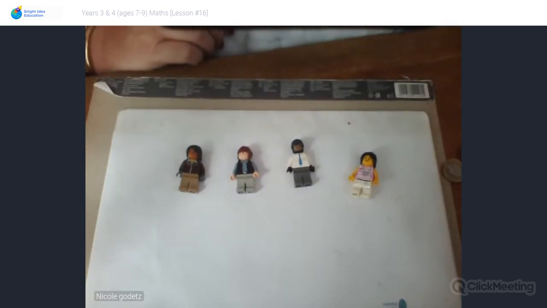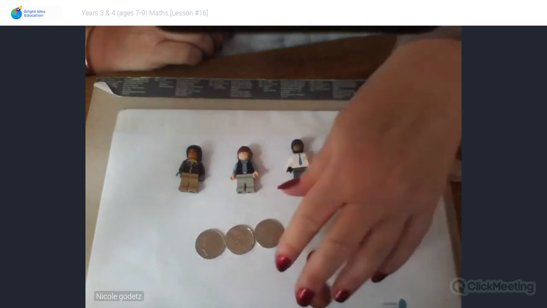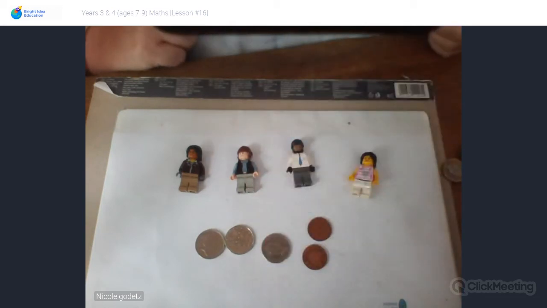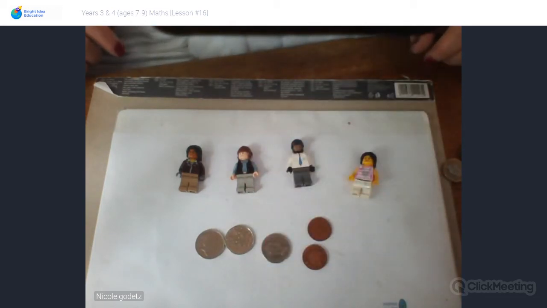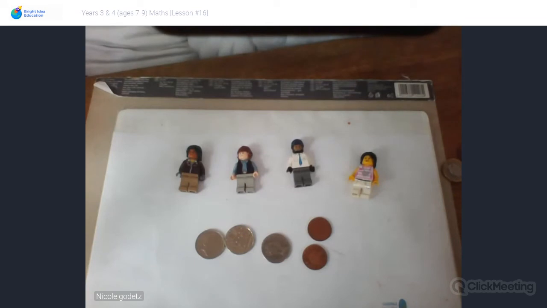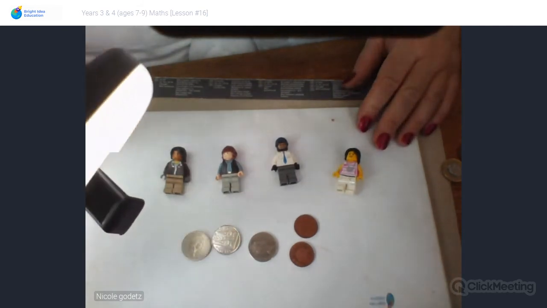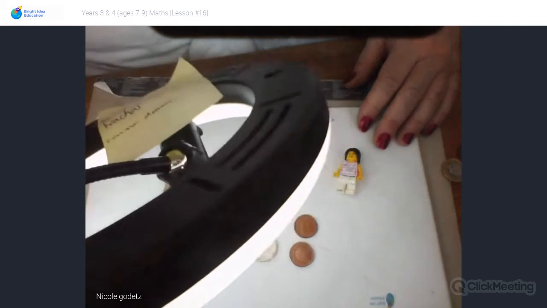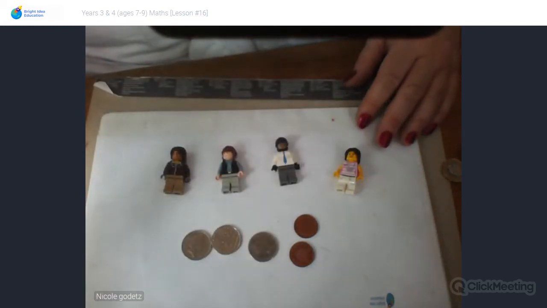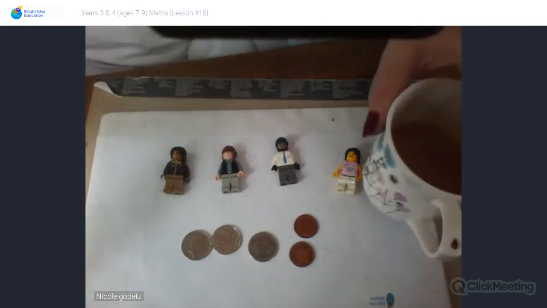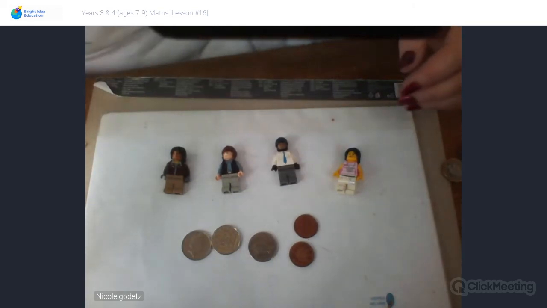Okay, so let's have a look how much money I have got. How much money is this, please? Can you see? Just trying to get some more light in here. It's quite hard because the computer blocks the light.